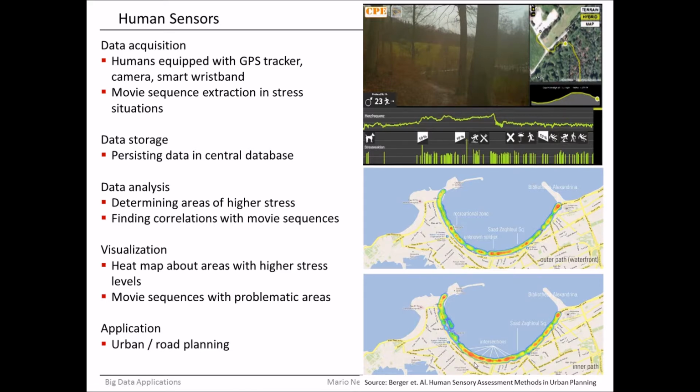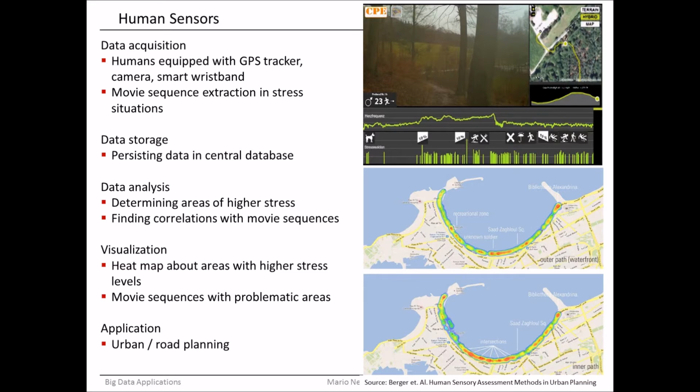experienced by the people, and you can then have a look at the data in real time, and like the lower picture shows, there were intersections on the road, and these intersections caused higher stress because the bike rider or the people who walked on the street then experienced higher traffic or a difficult situation while crossing the street.